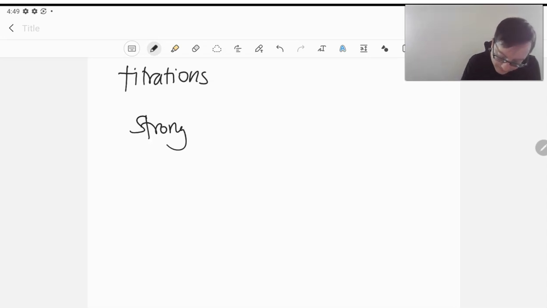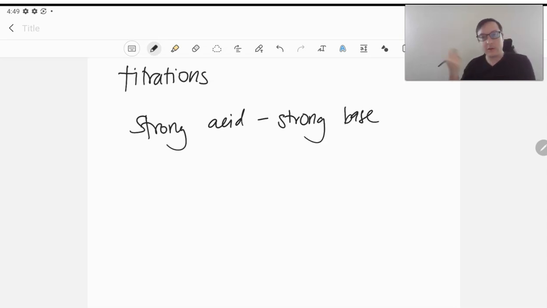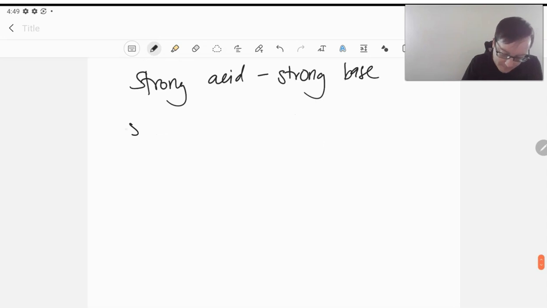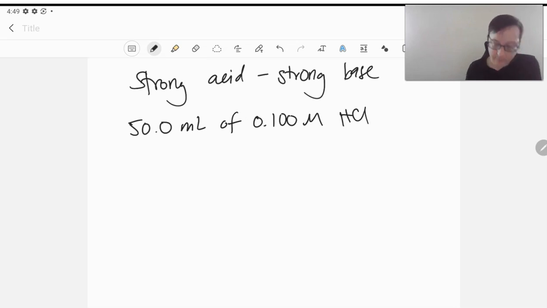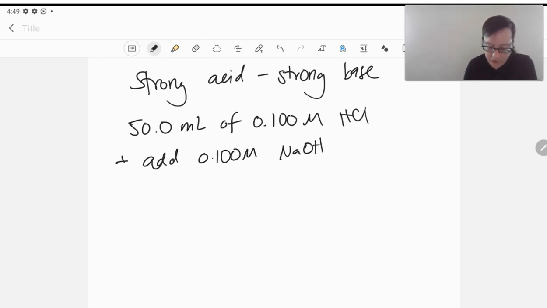Strong acid and strong base titration. If we take 50 mL of 0.1 molar HCl, that's a strong acid, and we add 0.1 molar NaOH, we can evaluate what the pH would be at any point along this titration.